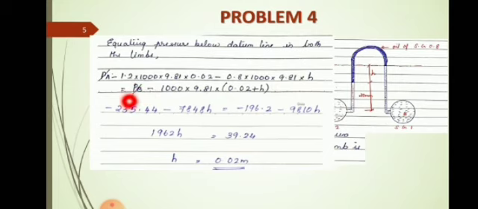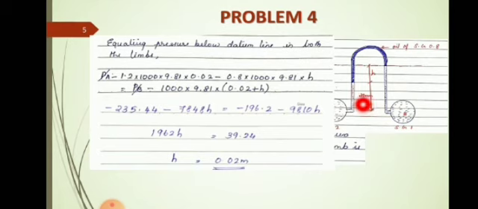So in the right limb you have PB minus, then what do you have? You have the liquid in B for this much height. Liquid in B has a specific gravity of 1. So minus 1000. Since it is inverted, you have to use minus. So PB minus 1000 into 9.81 into, what is this height? It is 20 millimeters plus h.